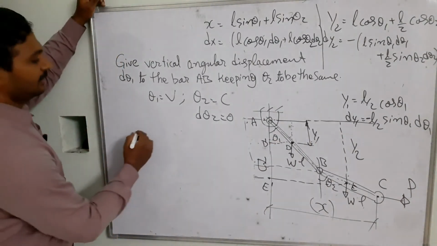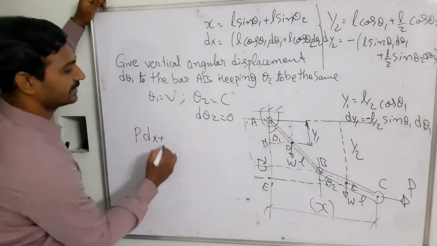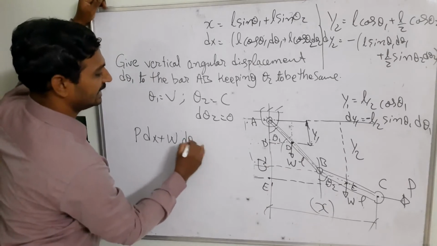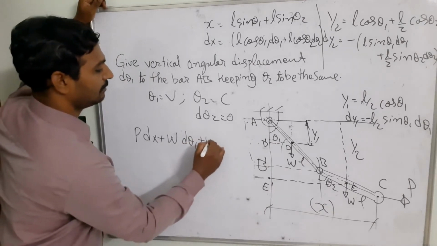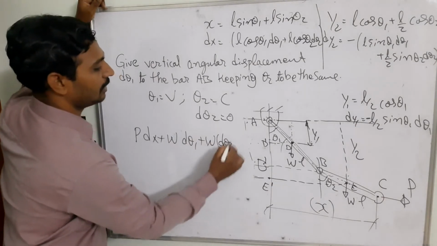Now if I take the force into virtual displacement, what I am going to get here is P into dx, plus W into d theta 1, plus W into, in this case, d theta 2.